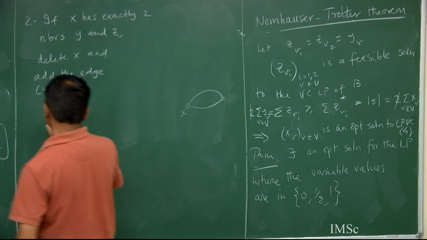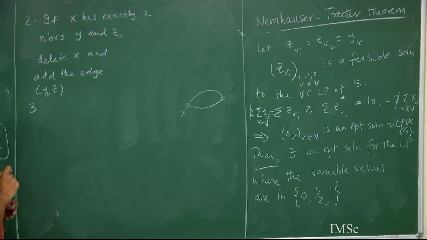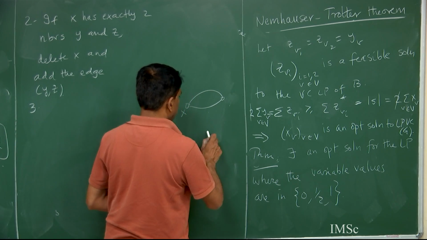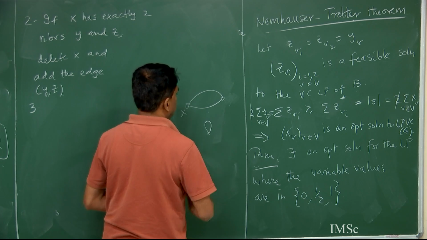So what we'll do is check if it is part of it. If this is the whole graph, then I can even replace it and make it into a single loop.